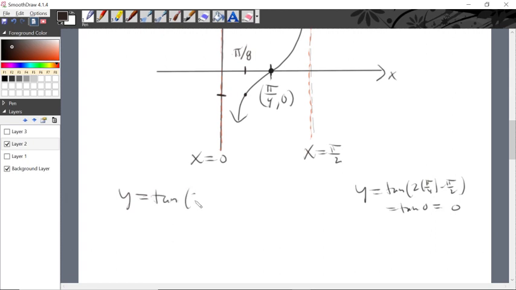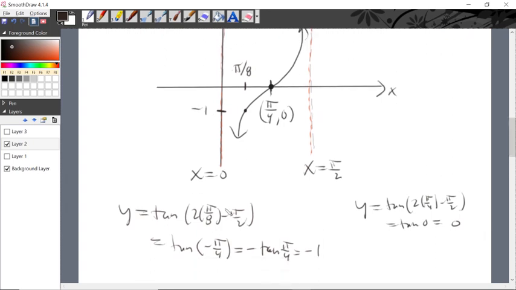Y equals the tangent of 2 times pi over 8 minus pi over 2 is the tangent of, what is this, pi over 4 minus pi over 2. That is negative pi over 4. By using the fact that tangent is odd, this again is negative the tangent of pi over 4, which is equal to negative 1. Okay, so the y-coordinate is certainly negative 1.